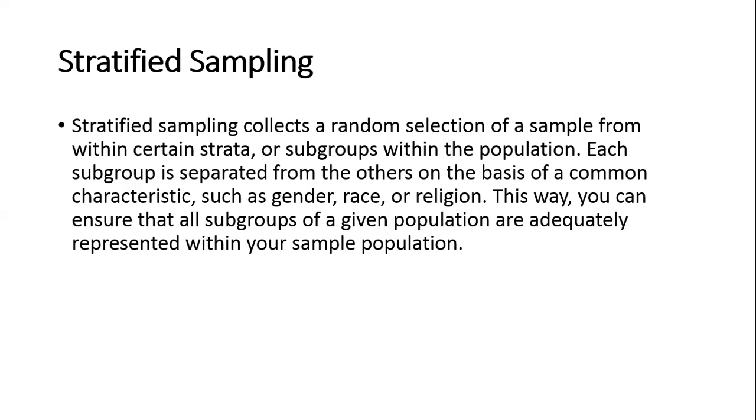In stratified sampling, we collect a random selection of a sample from within certain strata or subgroups within the population. Each subgroup is separated from the other on the basis of a common characteristic such as gender, race, or religion. This way, you can ensure that all subgroups of a given population are adequately represented.